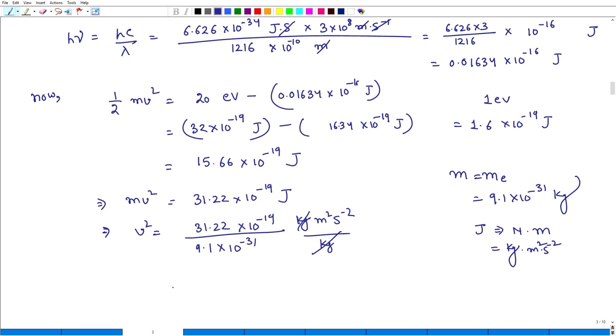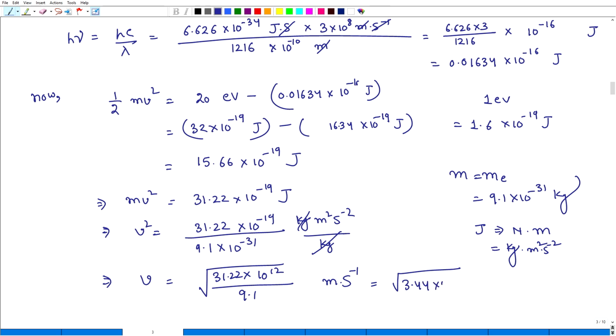So v square will be 31.22 into 10 to the power 12, I guess, divided by 9.1, meter square per second square. It actually comes around 3.44 into 10 to the power 12.